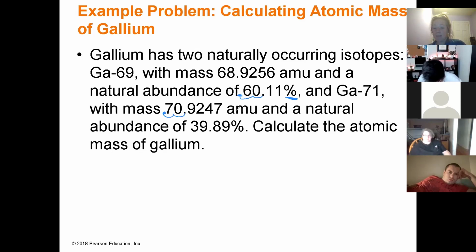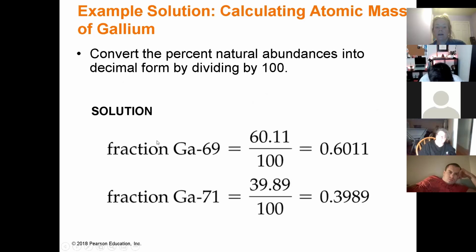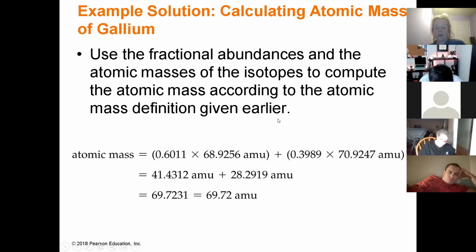If you do these problems and your number is way bigger than the 2 masses that you have, you probably didn't move the decimal over 2. So do that. So we get our fractional weight for each of these, and then we take that value and we multiply it by the corresponding mass. Also, don't flip-flop the masses with the wrong percentages.